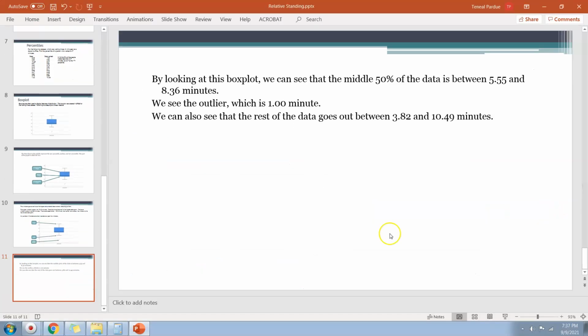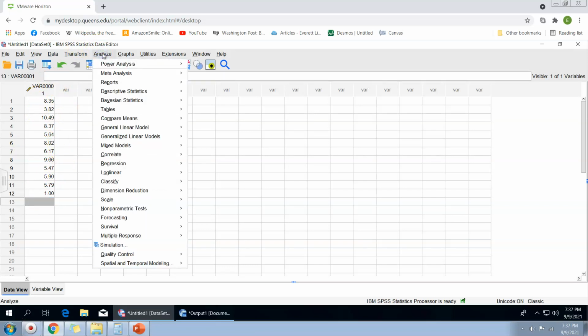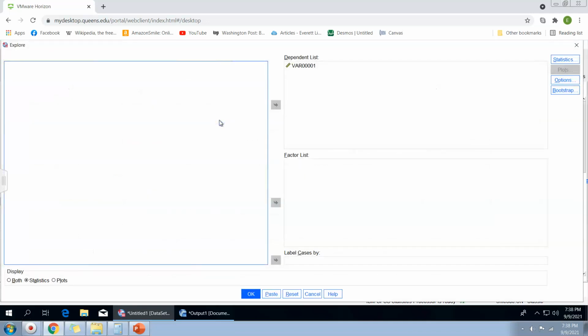Let me show you how to get this in SPSS. So I've already entered this data here. And this is the same explore function we've been looking at. So analyze, descriptive statistics, explore.